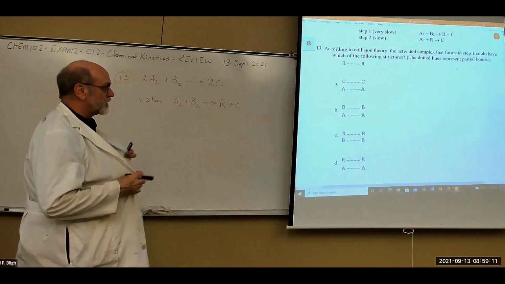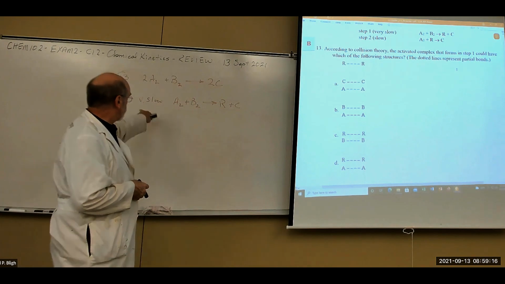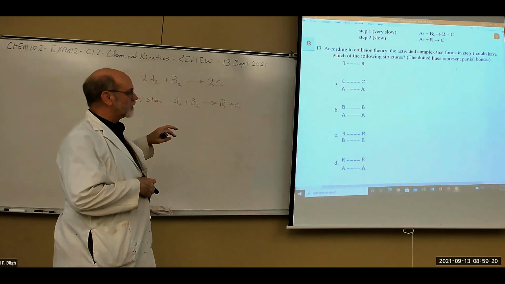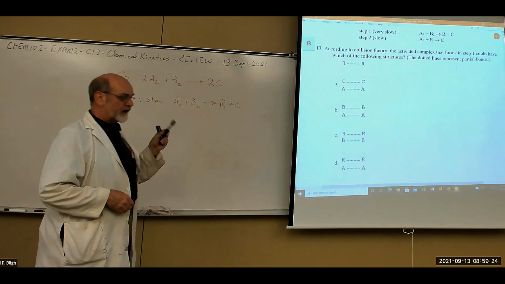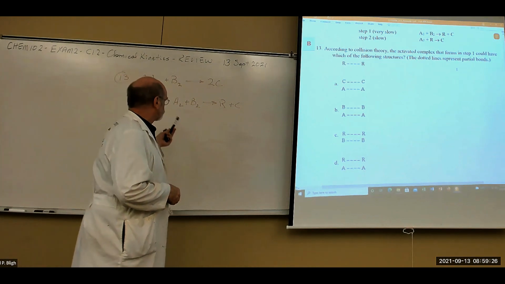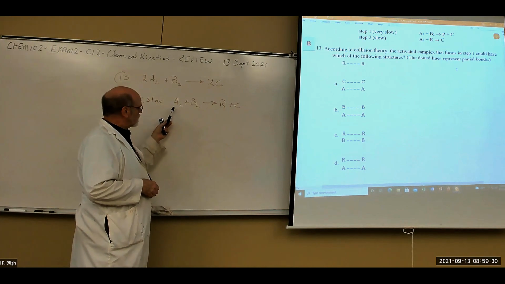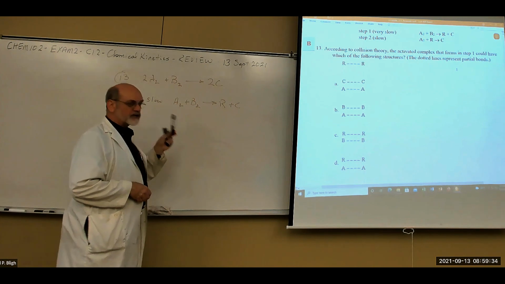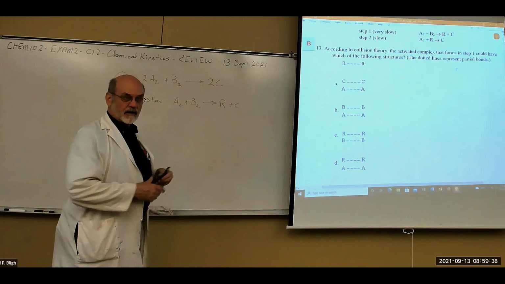According to the collision theory, the activated complex that forms in step 1, which is the slow step, could have which of the following structures? All right. For the activated complex, collision theory says these two have to collide with sufficient energy to form the activated complex.